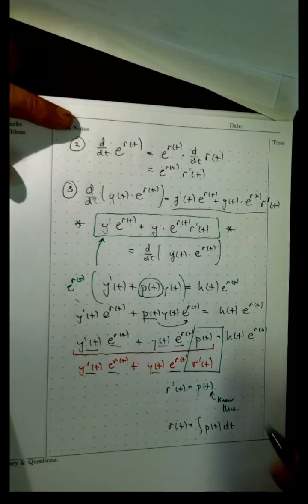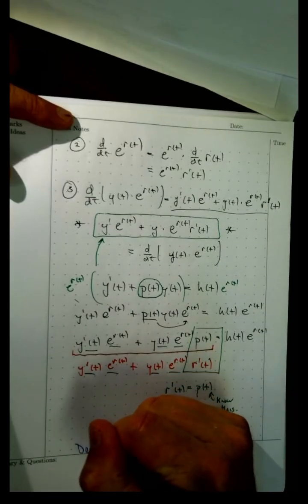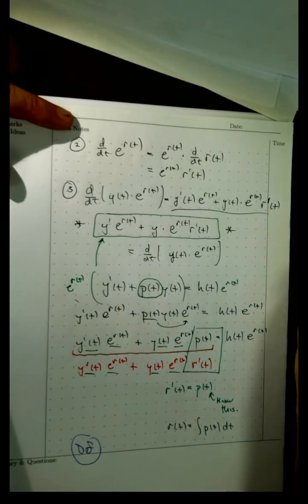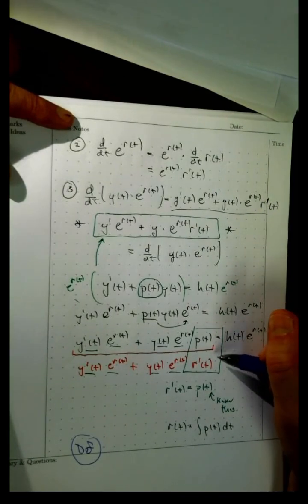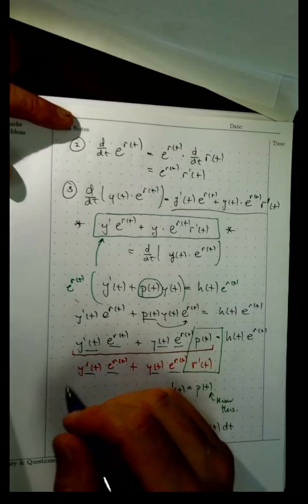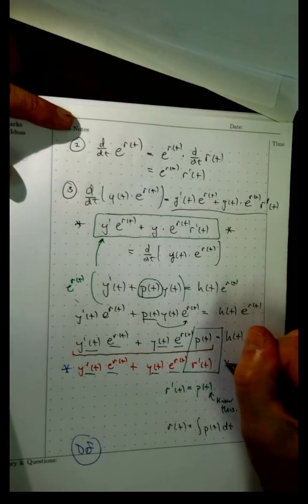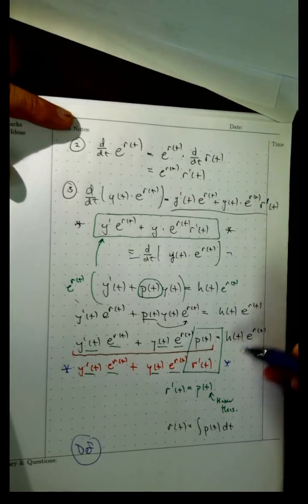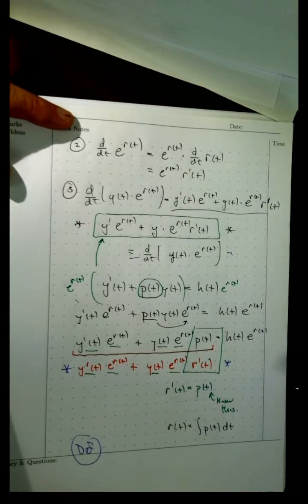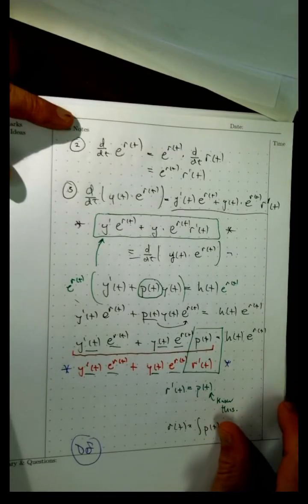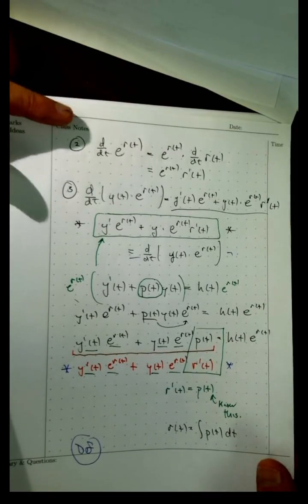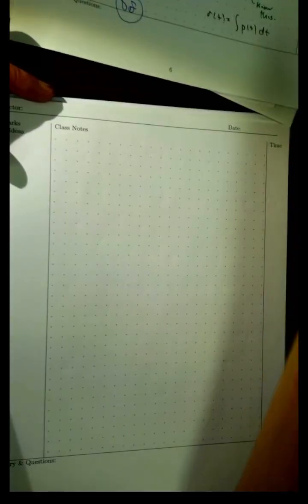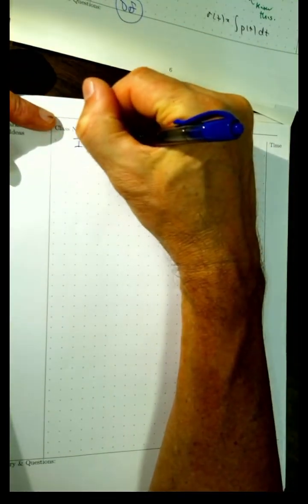And keep in mind, I'm just using definitions, and I'm forcing this, and my goal is that in the end, I know that I'm going to end up with this so that I can do this. If I cannot do that, I made a mistake somewhere, and there's a problem, and I need to start over. Okay, so what do we have? So we have this thing called the integrating factor.